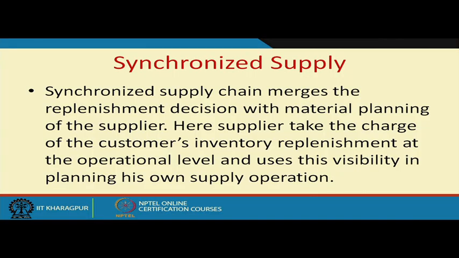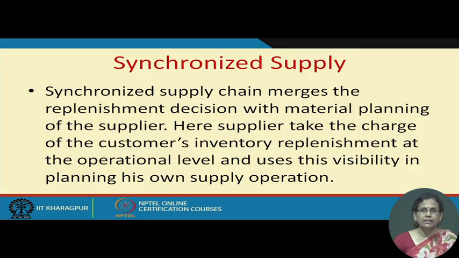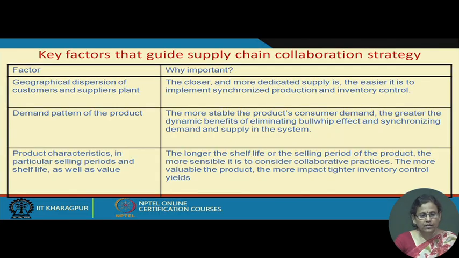Then the second last one is the synchronized supply chain. The synchronized supply chain is a very ideal supply chain where there is inventory level collaboration as well as planning level collaboration. In fact, there are many factors without which this synchronization is not possible.